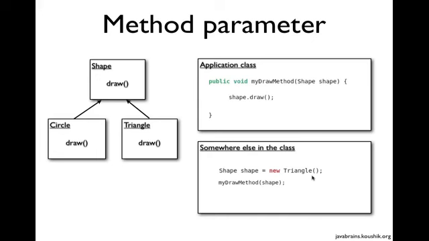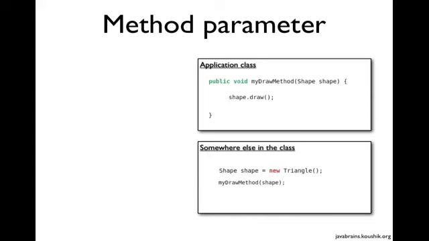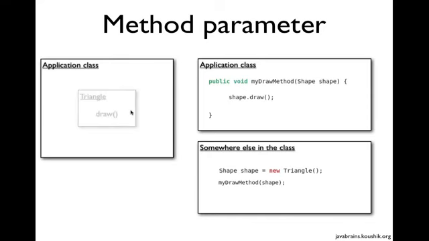Okay, so now we'll take it a step further. What we'll do is this dependency, we'll take it outside the class, and the class will not know what shape it's drawing. The class will just have a shape, and then we will expect some other class to provide the shape for us. So right now in our application class we have this triangle object, because we have a new triangle inside this application object.